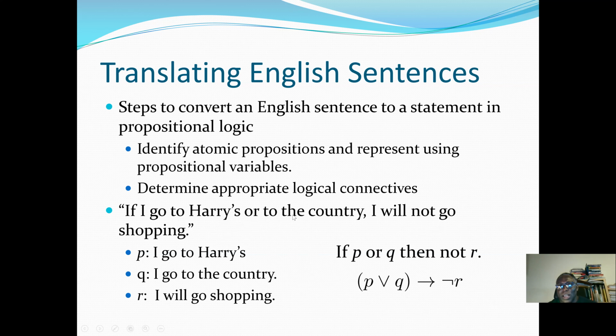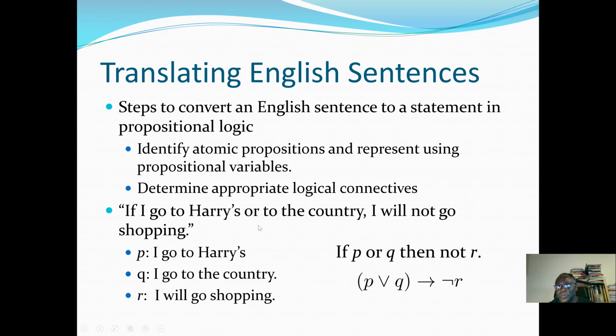I go to the country will be Q, then I will not go shopping will be R. So we can represent these sentences as: if P or Q, then not R. The symbol will be P, disjunction Q, in parentheses, implies not R, or negate R. So again, if I go to Paris is P, or is the logical connective, disjunction.